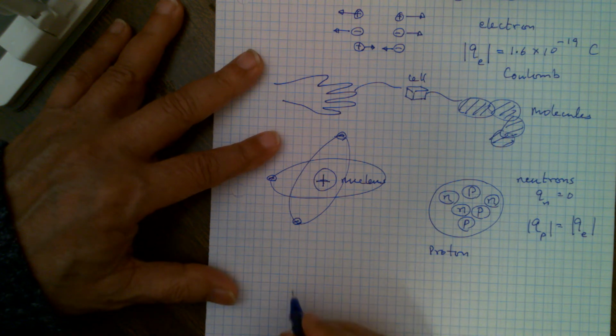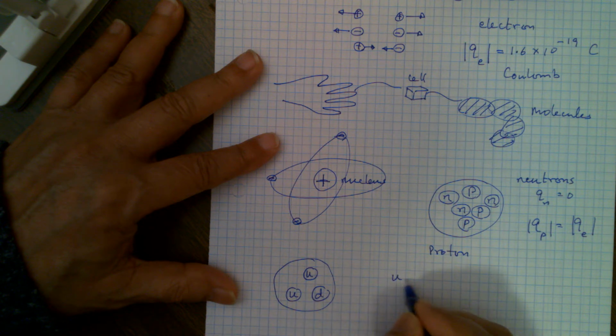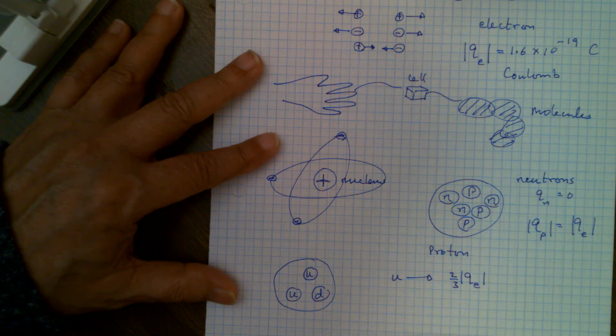But a proton is made out of 3 what we call quarks: U, U, and a D. Quarks are considered to be fundamental and you cannot subdivide them. But a U quark has positive 2/3 charge, that is 2/3 of electronic charge, and a D quark has negative 1/3 of electronic charge.